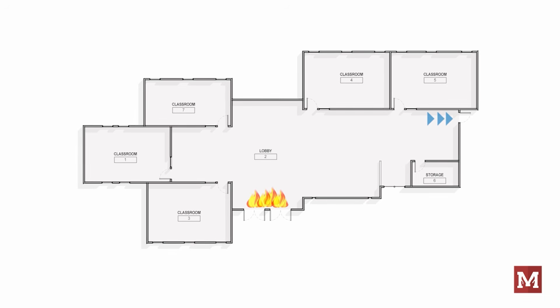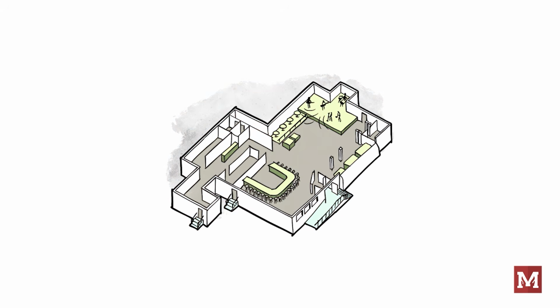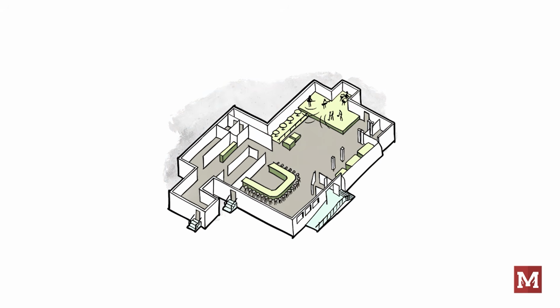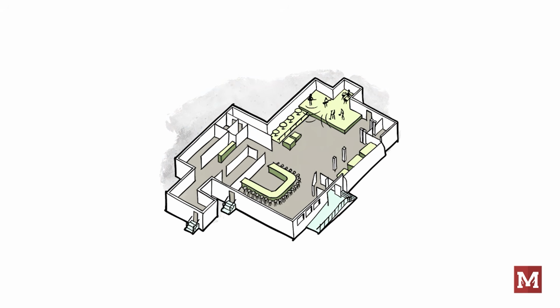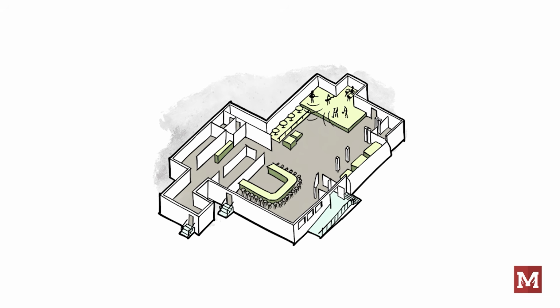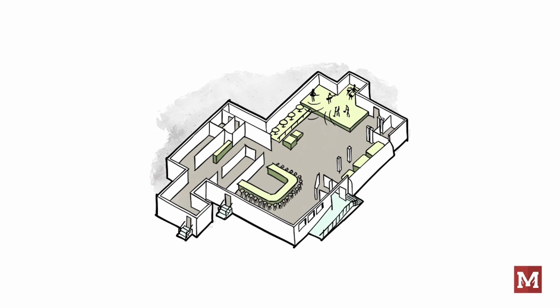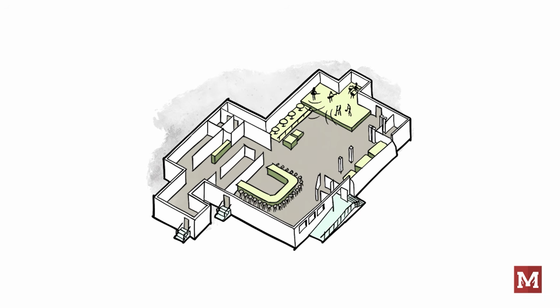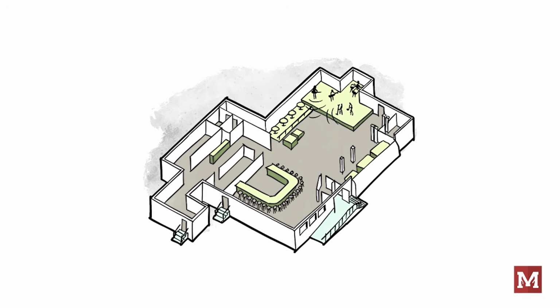That's why we have a provision in code addressing the distribution of exit capacity. The code says that one exit cannot account for more than 50% of the required exit capacity of the floor. This shows up in the IBC section 1005.5 and NFPA 101 section 7.3.1.1.2.